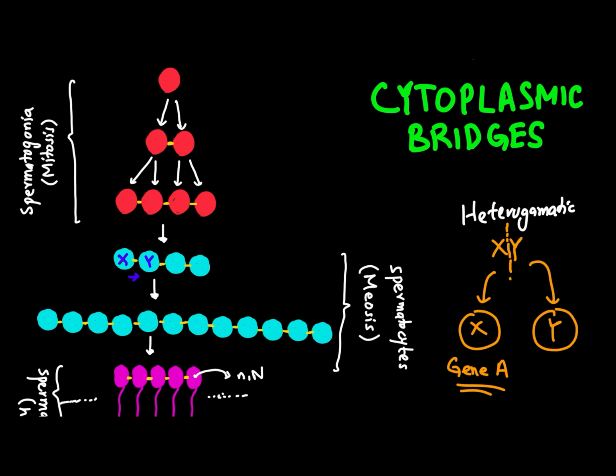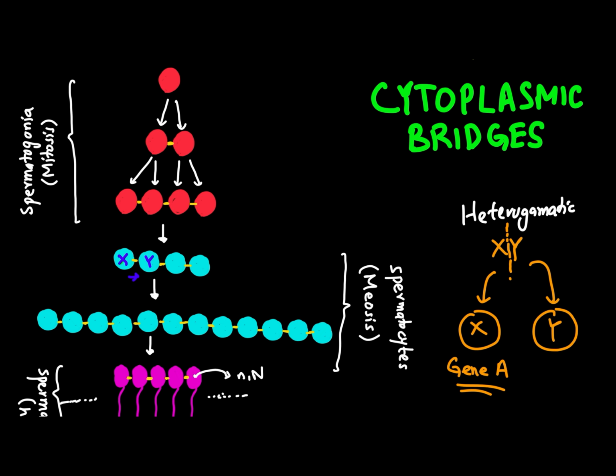If that protein is present, the spermatogenesis process will continue and produce healthy sperms. If that protein is not present, then of course there will be a stop, or it will produce immature or abnormal sperms. This gene is present on, let's say, the X chromosome, and its counterpart is not present on the Y chromosome.